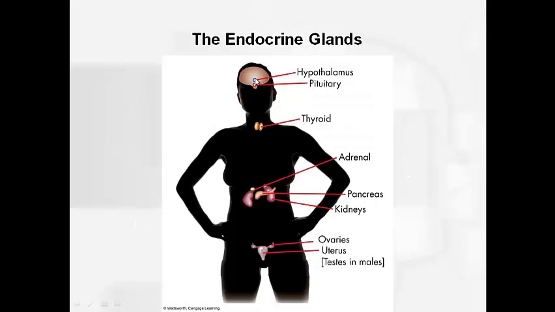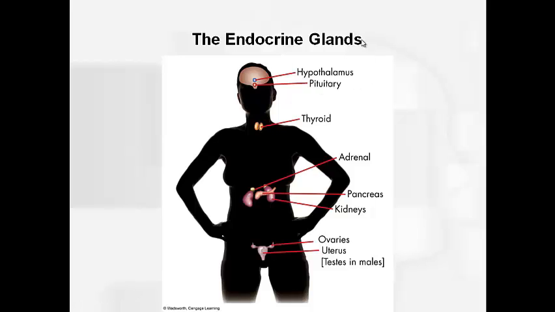And you see here depicted the most important components of the endocrine system. We have the hypothalamus, which is that region in the forebrain that we have discussed before. The hypothalamus directly controls the pituitary gland, which is the master gland of the endocrine system.